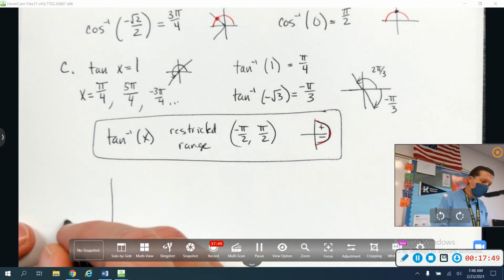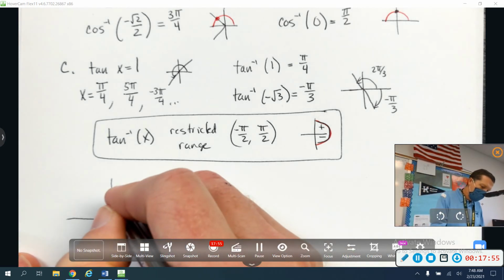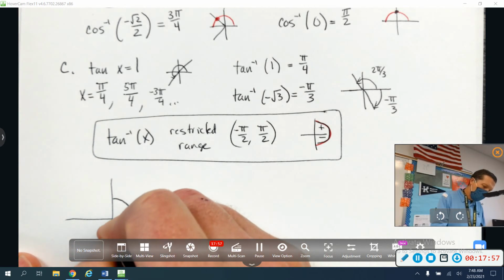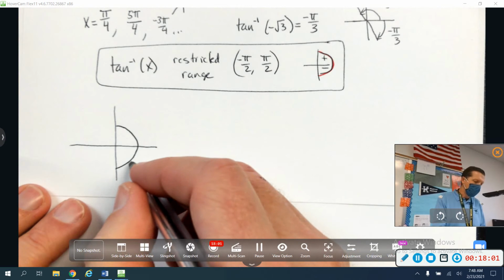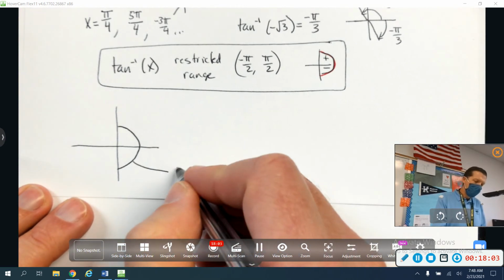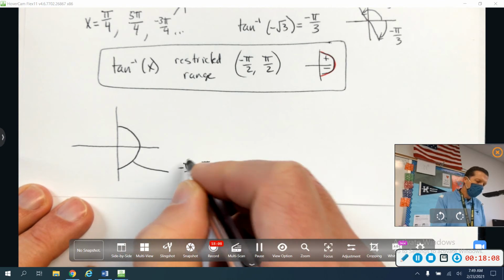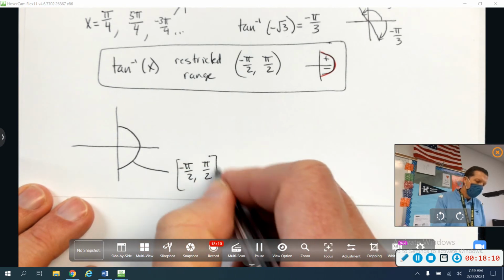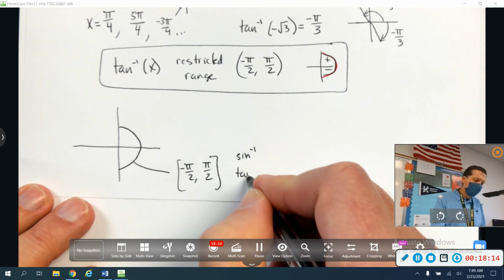All right, to me, here's one picture that captures all of them. So some of them are restricted to negative pi over 2 to pi over 2. That would be negative pi over 2 to pi over 2. So that was inverse sine and inverse tangent.